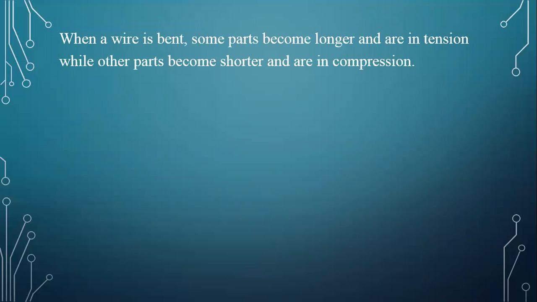When a wire is bent, some parts of the wire become longer and are in tension, while other parts become shorter and are in compression. कि जब आप एक वायर को बेंड करते हैं तो उस बेंडिंग के दौरान आप नोट करेंगे कि उसी एक वायर के कुछ ऐसे पार्ट्स होंगे जिनकी लेंथ बढ़ जाएगी and they are in tension, और कुछ ऐसे पार्ट्स नोट करने को मिलेंगे जो शॉर्ट लेंथ में हो जाएंगे and they are in compression, like this wire.